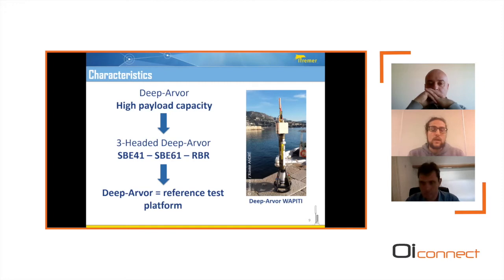And today we say that the DPower could be considered as a reference test bench for future design. And if you take a look at the right side of the slide, you have an example of a previous project, which is called the DPower Wapiti, which is equipped with a DCP at the bottom of the float.